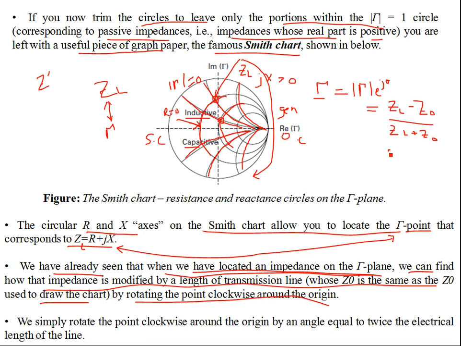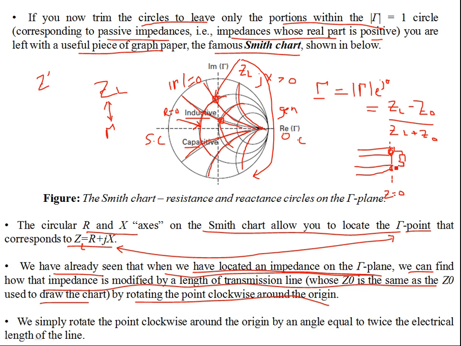The load is at z equal to 0. Here is your transmission line, and you are at the load side, at z equal to 0, with the load ZL, which could be inductive.